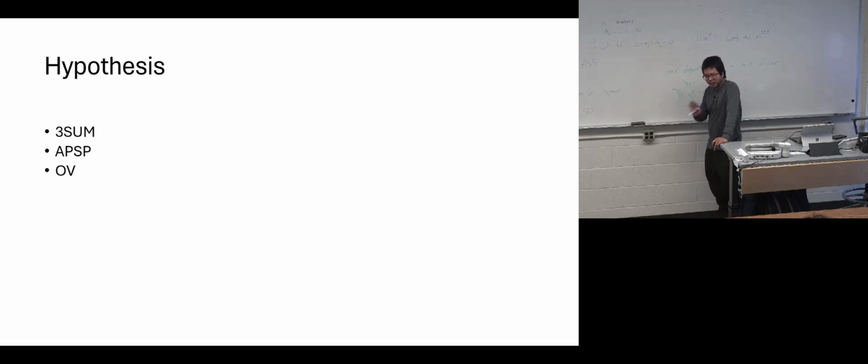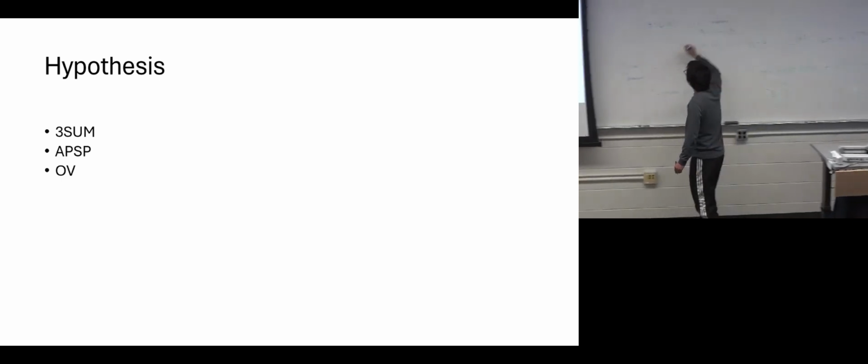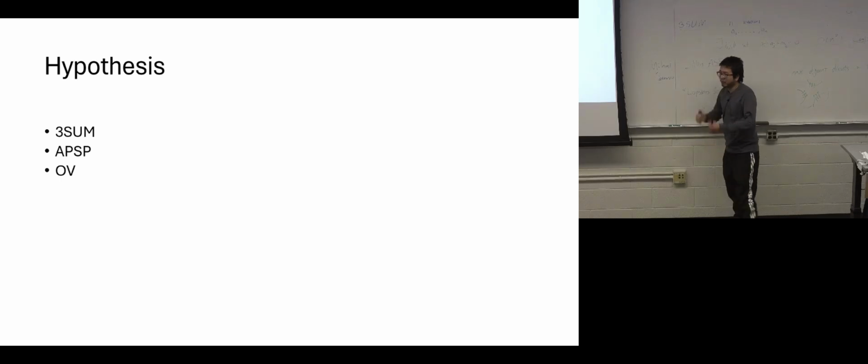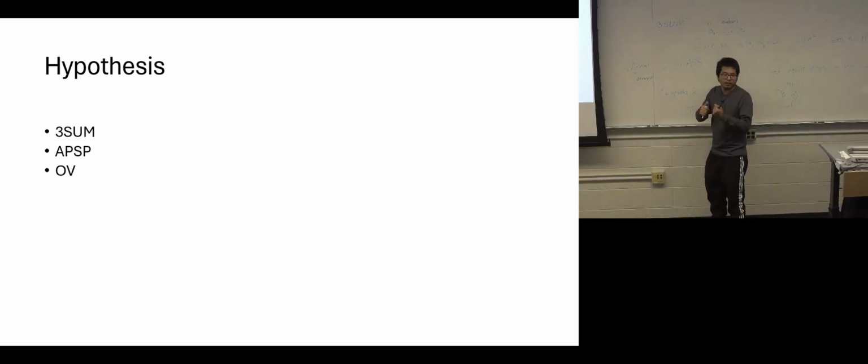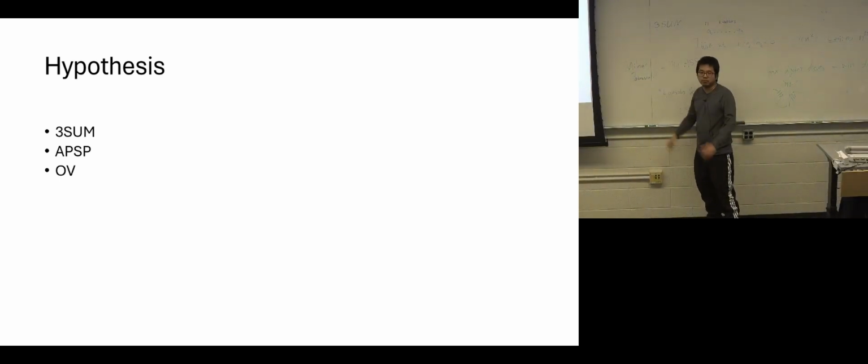But there is value in this, because once you assume that it's hard, then it explains that other problems are hard too. You can say there are some other problems such that if you can solve problem A faster than n squared, then you can solve 3-sum faster too. And this you can do.